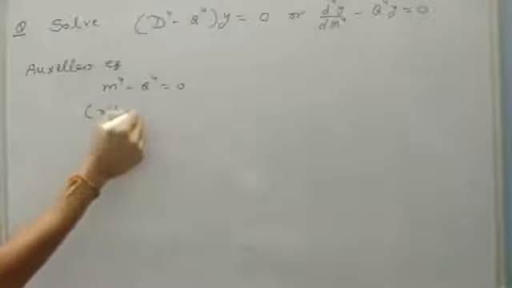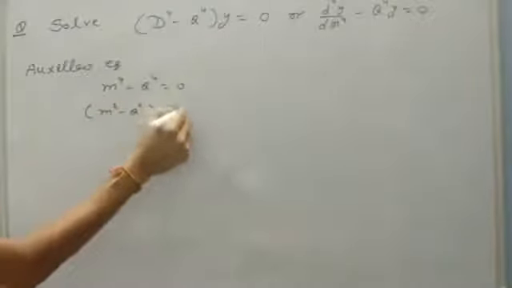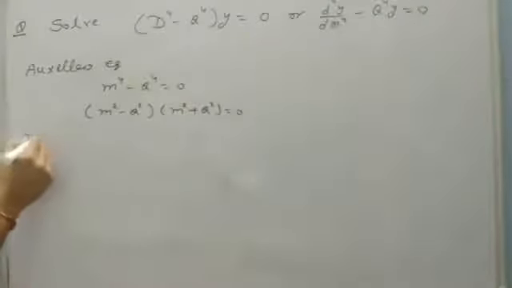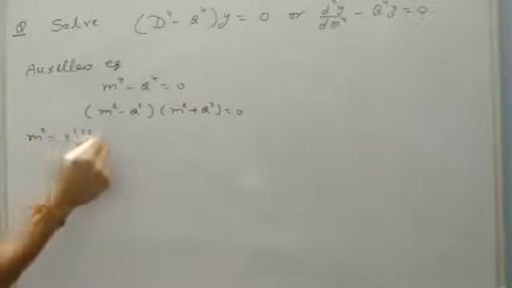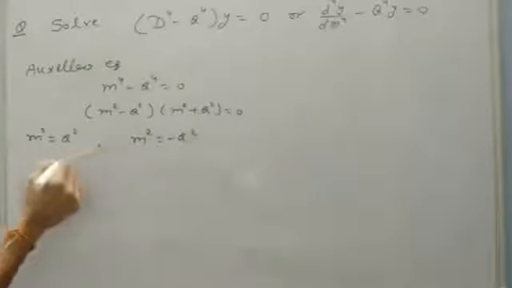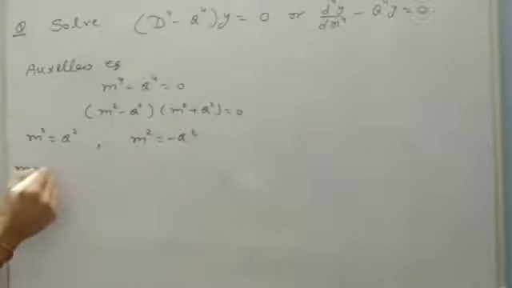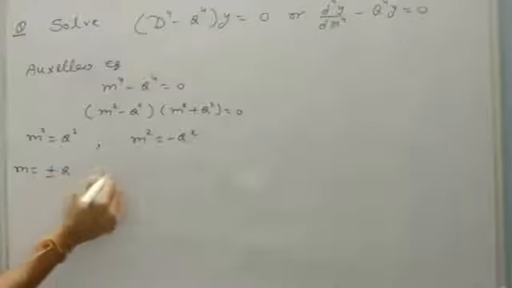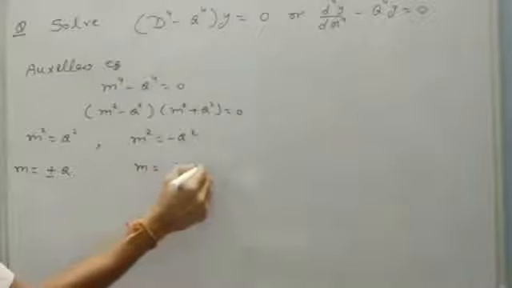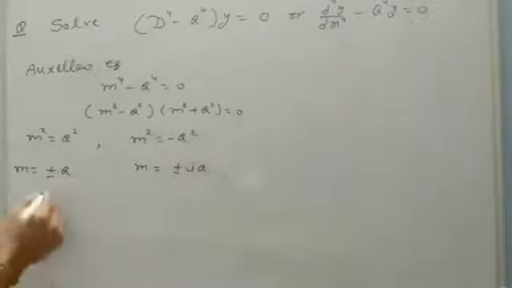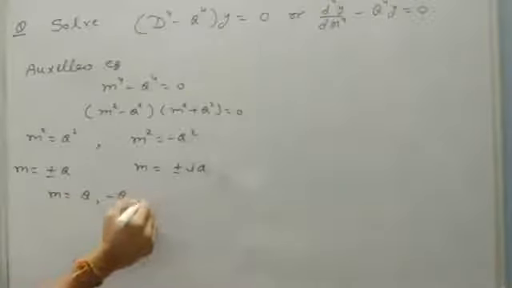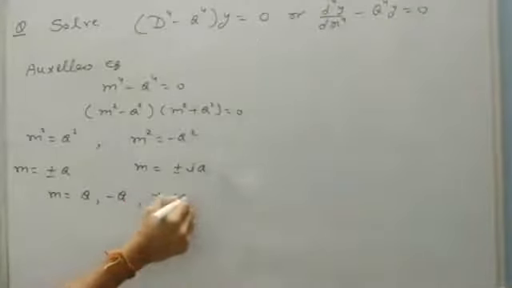Factorizing, m square minus a square, m square plus a square is equal to 0, or we can say m square is equal to a square and m square is equal to minus a square. From here I will get m is equal to plus minus a, and here m is equal to plus minus iota a. So there are four roots, that is a, minus a, and plus minus iota a.